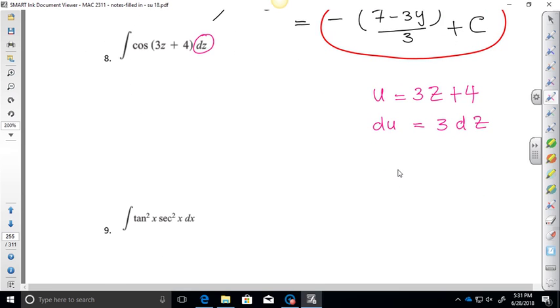Divide. Yes, divide. So it's going to be 1/3 du is dz. Because I don't have that 3dz there. I have only dz. So I have to divide by that 3 to get dz. 3 dz is du. So dz is 1/3 du.